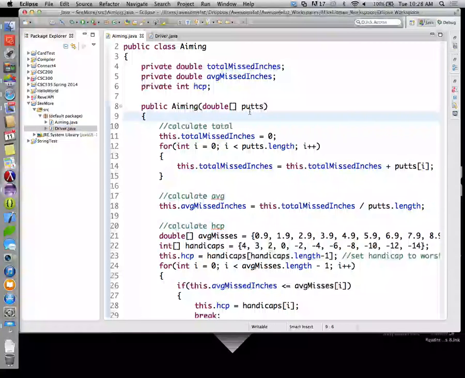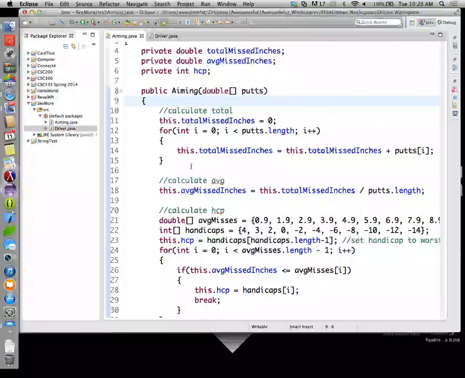The constructor takes in the array of putts in radians and goes through. Right now, it's doing total misses. We're saying total misses in inches, but we don't have that in here, do we? No, this is left over from when we thought we were working with inches.